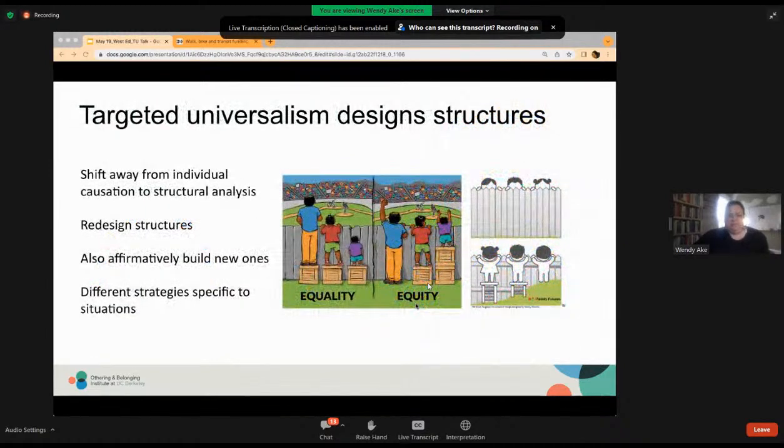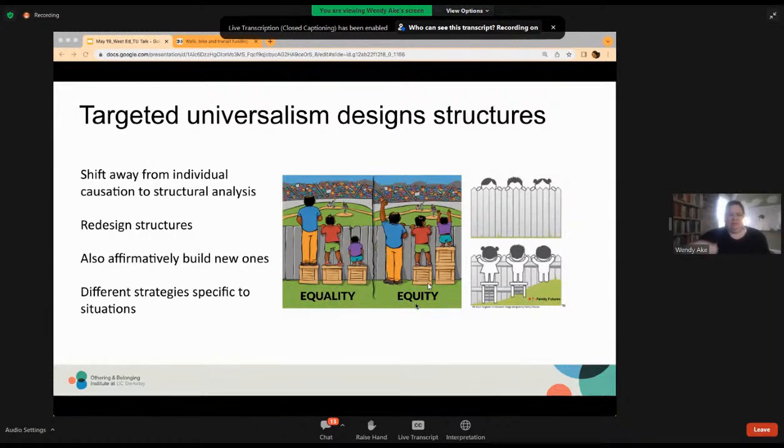These are visual images I'm sure many of us have seen before, but targeted universalism draws out some really careful details around attending to all of these, but again, as a sense of metaphor.